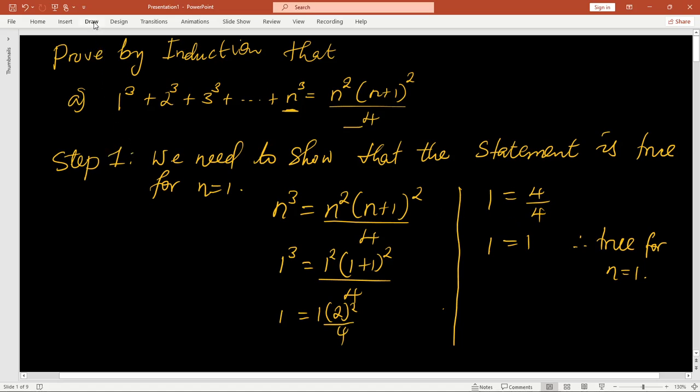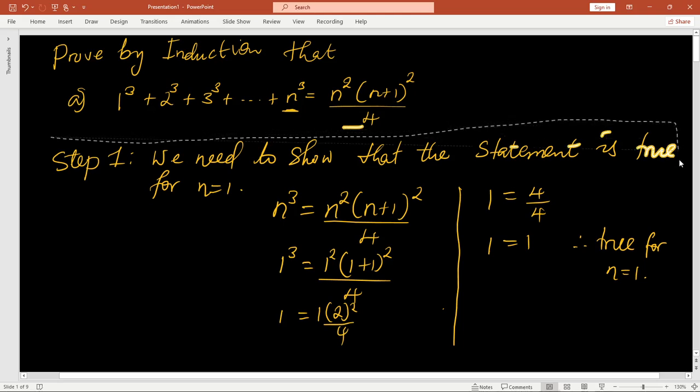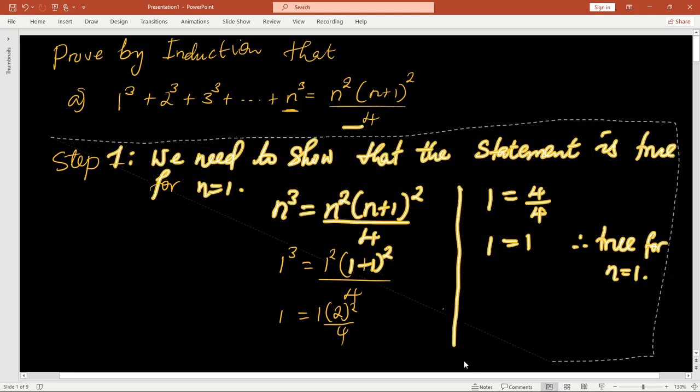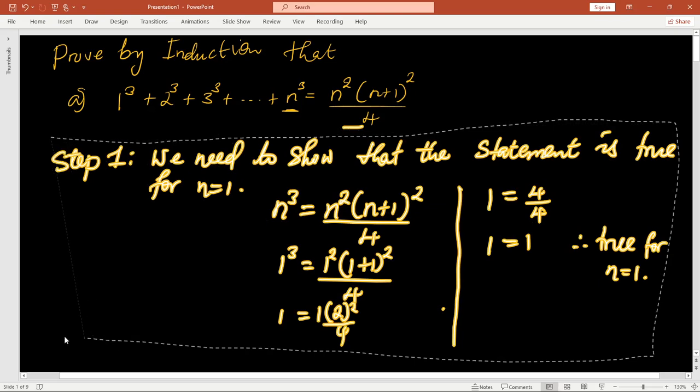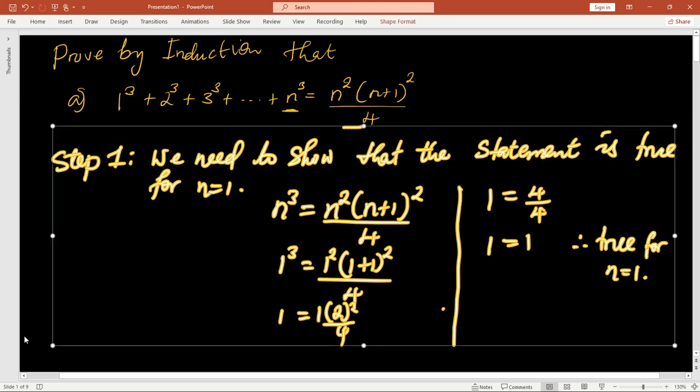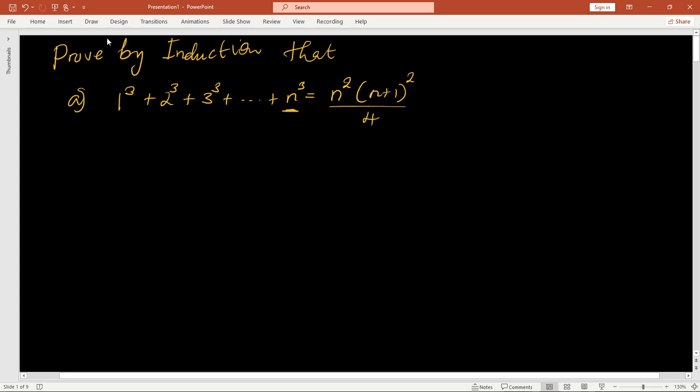Step 2 we call the inductive hypothesis. So step 2 is the inductive hypothesis.